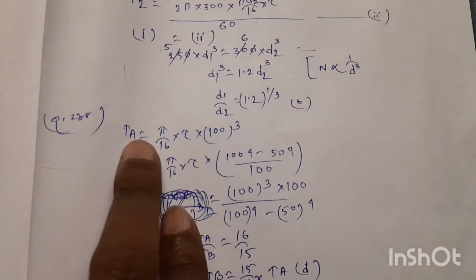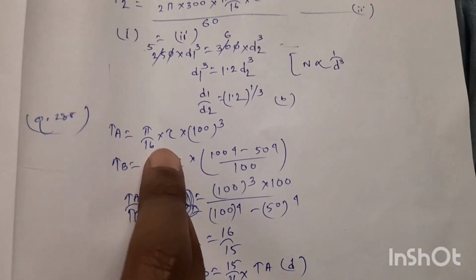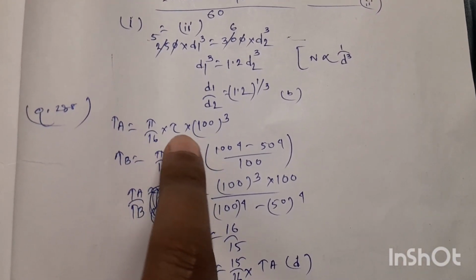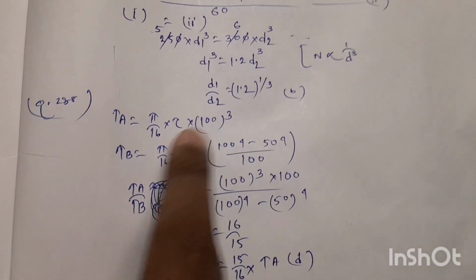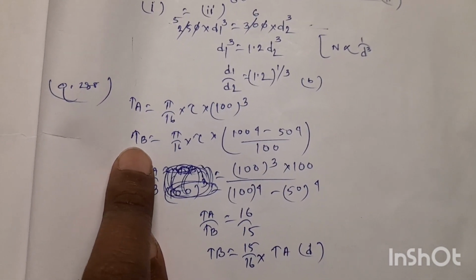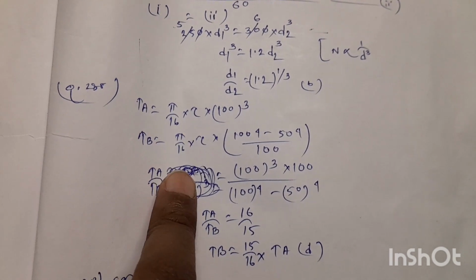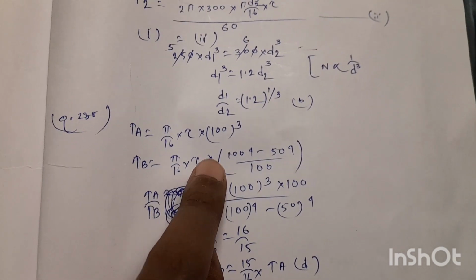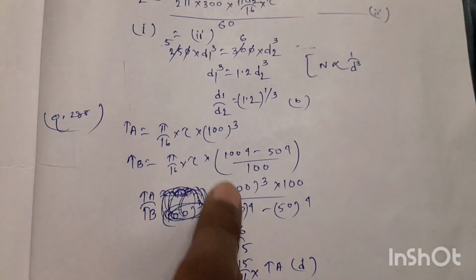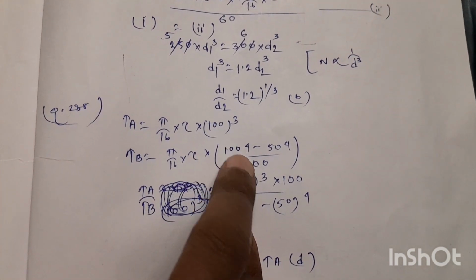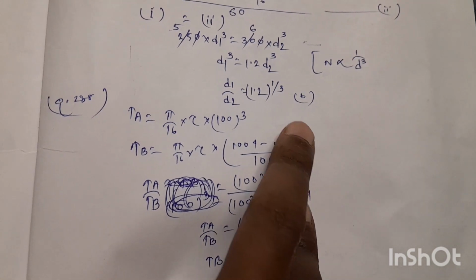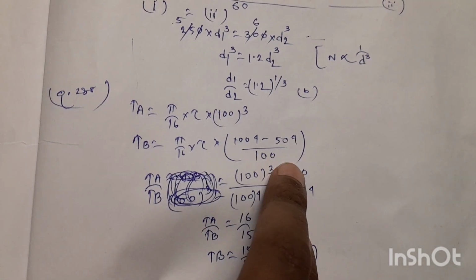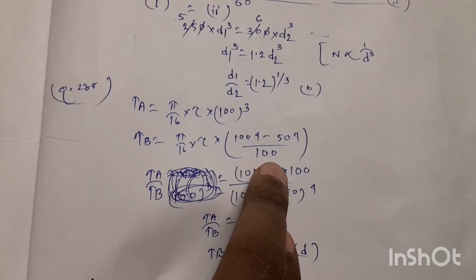So torque for shaft A, TA, will be pi by 16 into shear stress tau into d cube, which is 100 cube. Torque for shaft B, TB, will be equal to pi by 16 into shear stress tau into within bracket the outer diameter 100 to the power 4 minus inner diameter 50 to the power 4, divided by the outer diameter, which is 100.